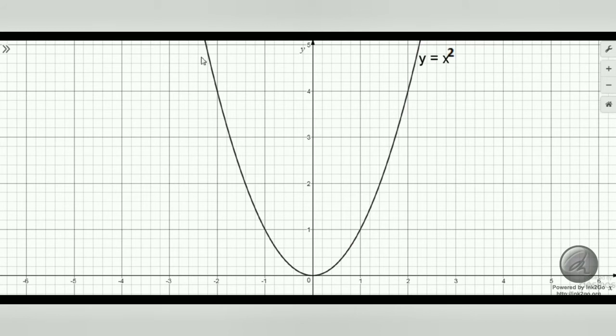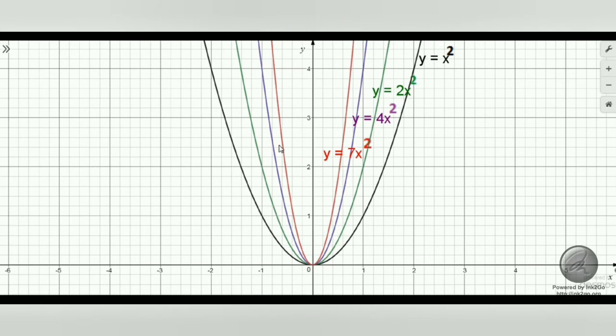Let's see some common properties of graphs of functions of the form y equals ax squared when a is greater than 0. There are some such graphs. They are y equals x squared, y equals 2x squared, y equals 4x squared and y equals 7x squared.